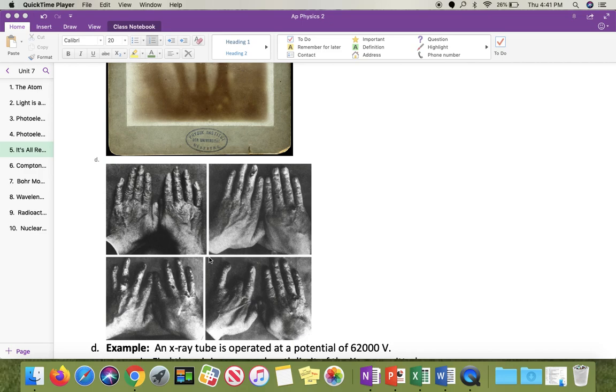Word got to America that Röntgen found these x-rays, and so then the rush was on to study them a little bit more. Edison got a hold of this, and he had a lab assistant, and there's a lot of different theories and stories about his lab assistant, but his lab assistant supposedly volunteered, don't know how much pressure he was under, to have photographs taken.